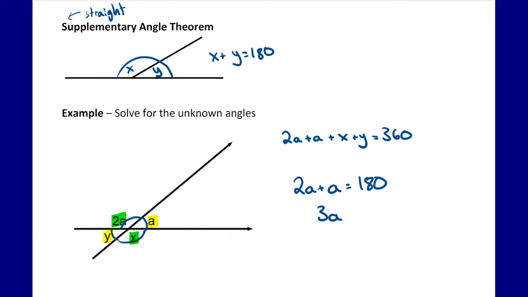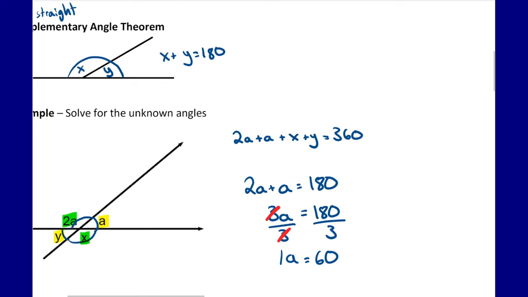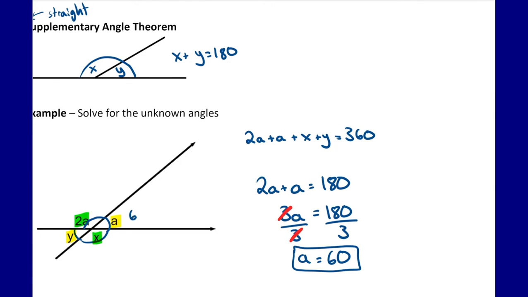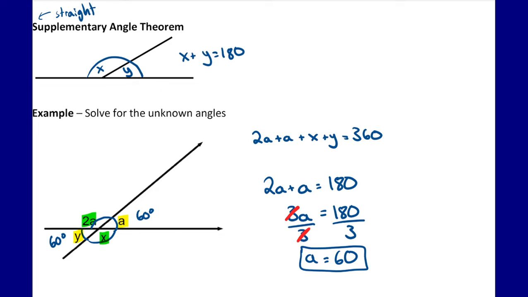2a plus a is 3a, so 3a equals 180. To solve for a, I divide both sides by 3. One side cancels out. I'm left with a is equal to 60. This will help me because I know then that this angle is 60 and the y is 60. What about the other one?